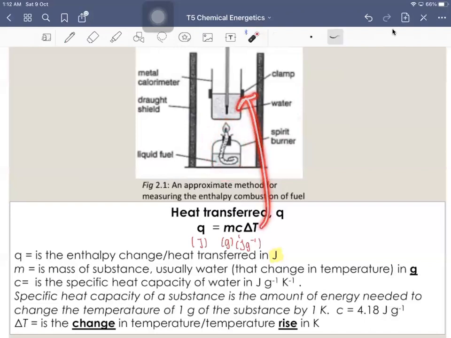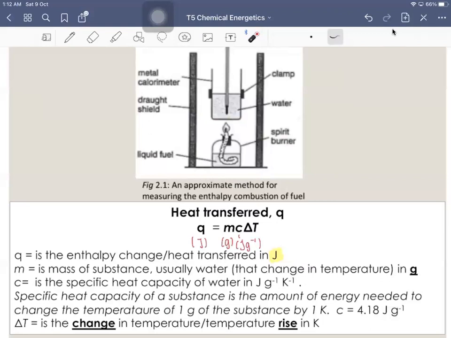So delta T is change in temperature. So this is final minus initial. It depends whether it's a temperature rise or temperature drop. Whether the temperature is going up or going down, it follows the same formula, final minus initial.